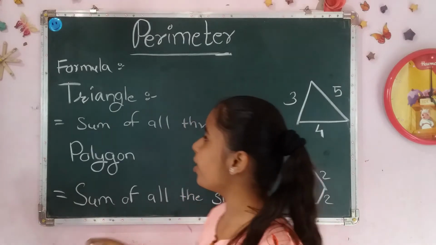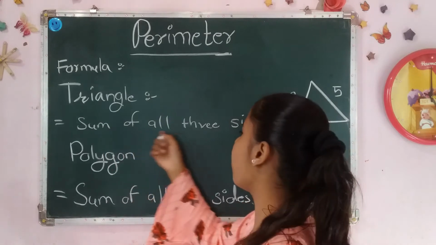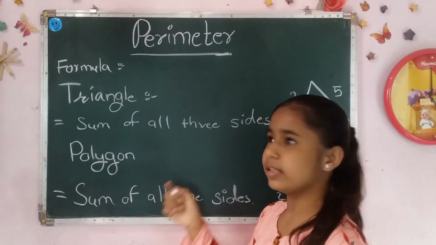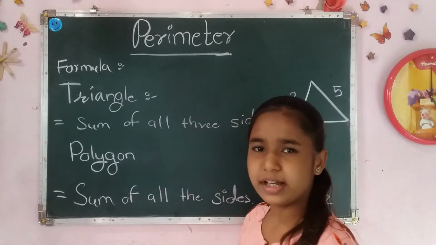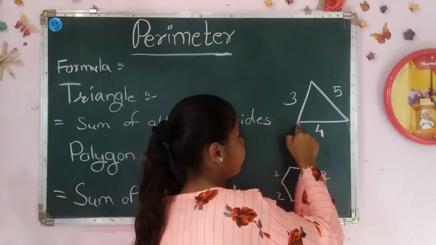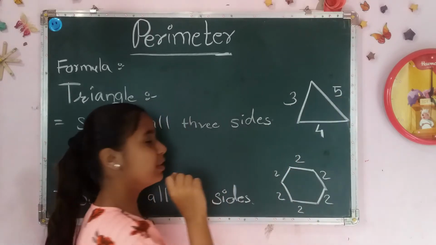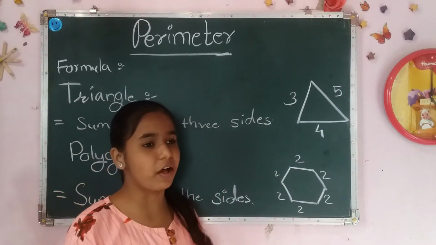The formula of a triangle for finding the perimeter is the sum of all 3 sides, because the sides of the triangle are different. Take for example 3 plus 4 plus 5. This will be the perimeter of the triangle.